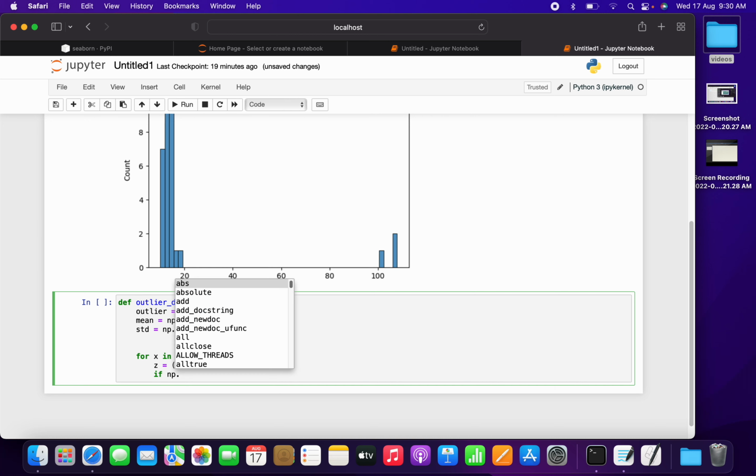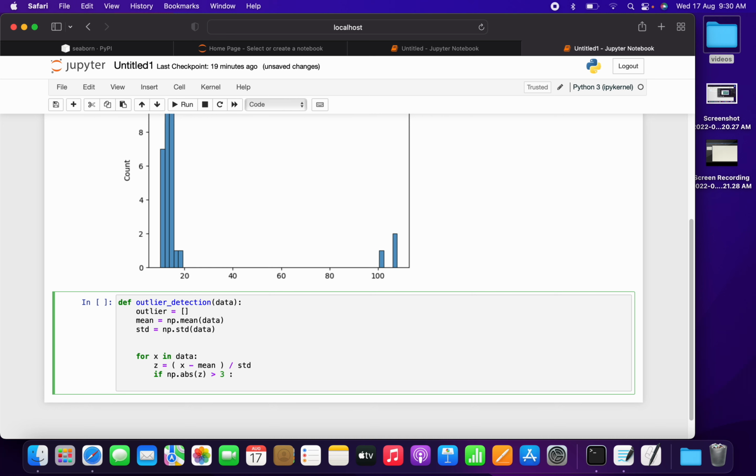If the absolute value of the Z-score, why are we taking the absolute value? Because we have positive and negative values, right? So if the absolute value is greater than 3, here we are hard coding the value 3, but this can also be sent as a parameter, then we consider it an outlier.